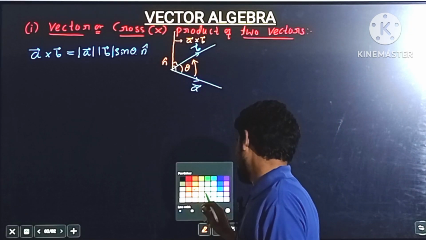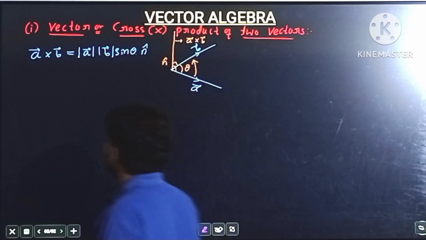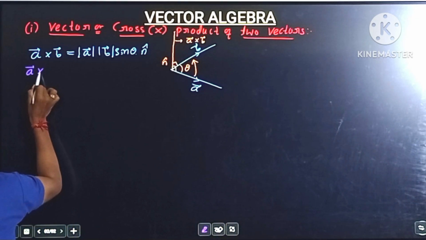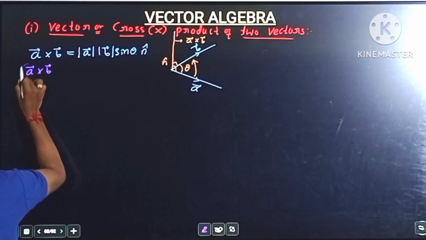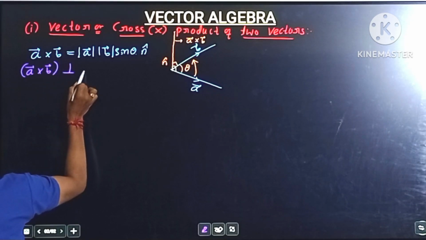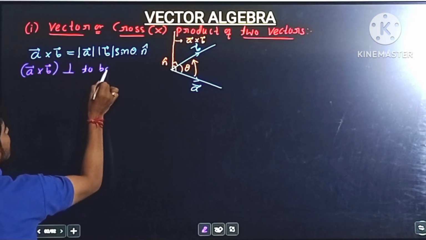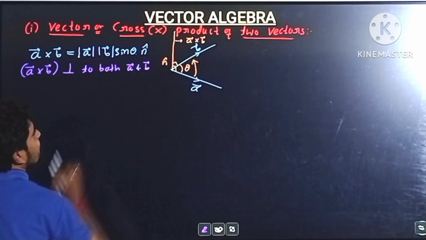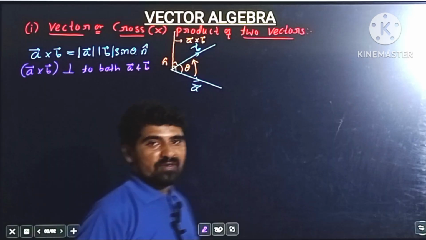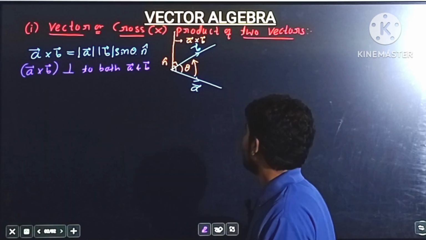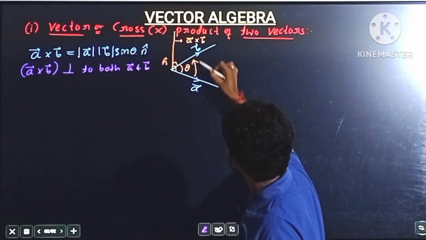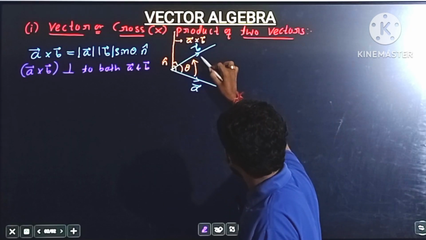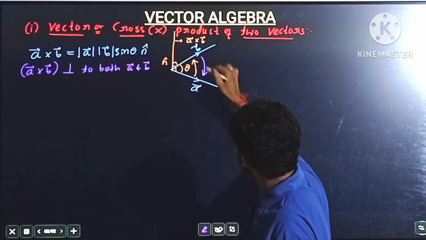See here, what is a vector cross b vector? A vector cross b vector is a vector which is perpendicular to both a vector and b vector. When we are finding a vector cross b vector, we are moving in this direction from a to b. So when we find the value of b vector cross a vector, the direction is from b to a.